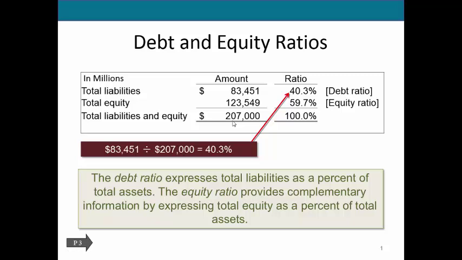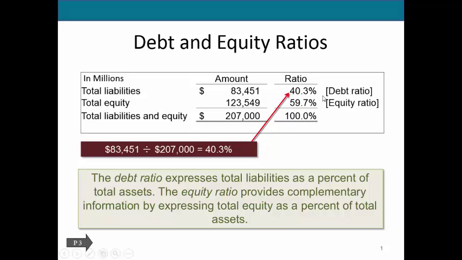However, we know total assets are equal to the sum of our liabilities and equity. So here, where we're given the sum of liabilities and equity, that also tells us what our assets equal. If you'll remember back from Accounting 101, our basic accounting equation tells us assets equals liabilities plus equity.